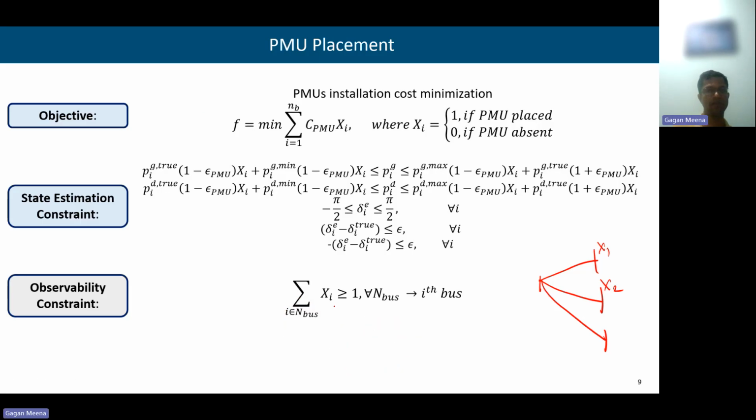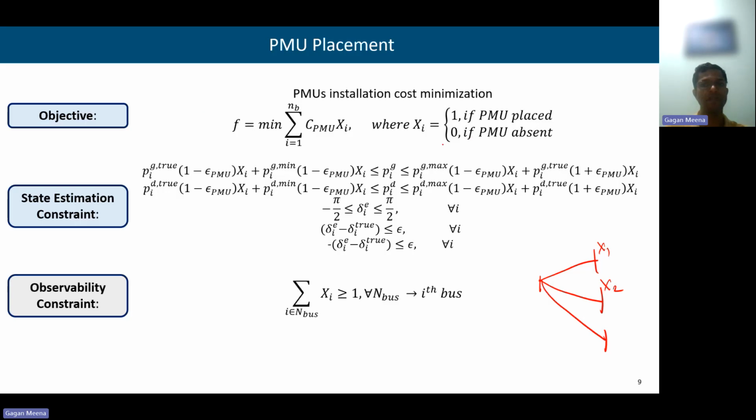So this was the point which I had missed. Also, one more thing: why is xi a binary variable?